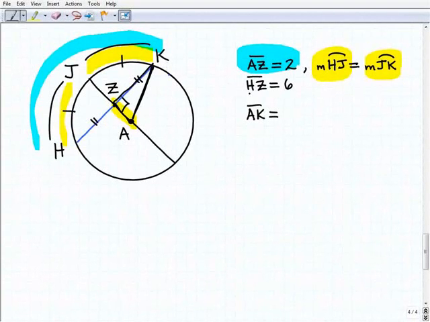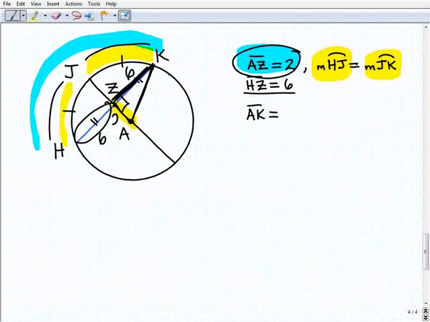Well, I know that HZ is 6 units in length. So this right here is 6, and therefore this part of the right triangle is also 6. Once again, that chord was bisected, and I know that AZ is 2. So this is 2 right here. I know this figure is getting a little crowded, but let's focus on the right triangle that's going to allow us to solve for AK.